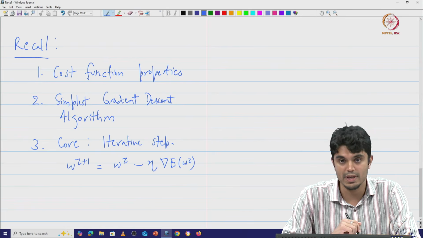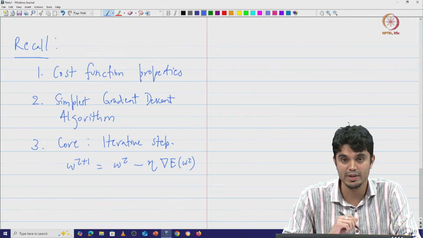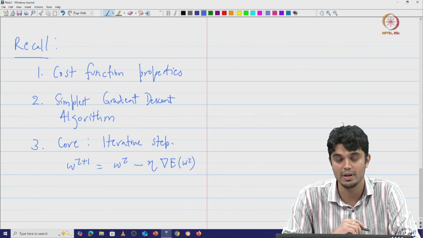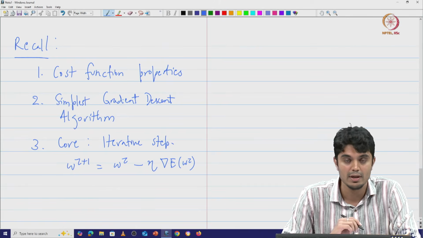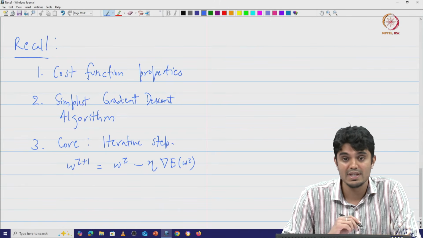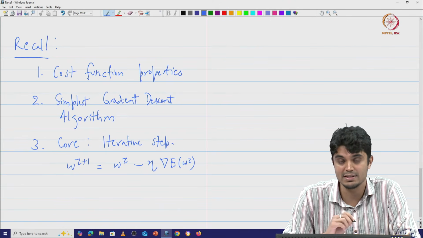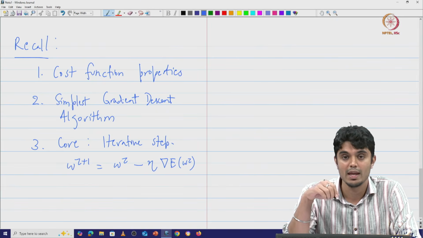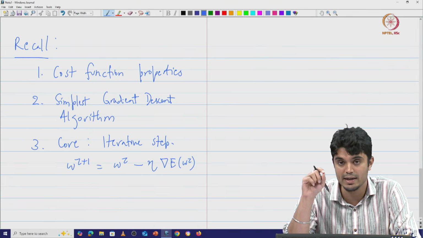Before we proceed, there's one thing that we want to look at when we are studying the simplest gradient descent algorithm that we looked at in the previous lecture. There were chances that we could actually land in one of the local minima and get stuck there.